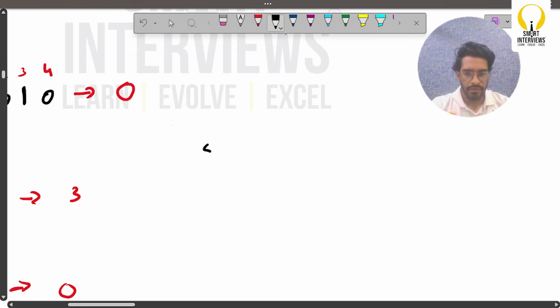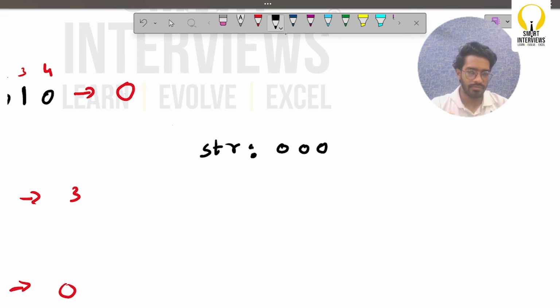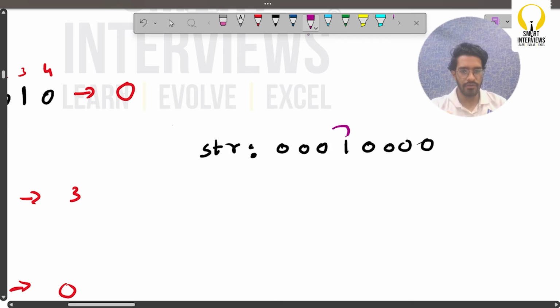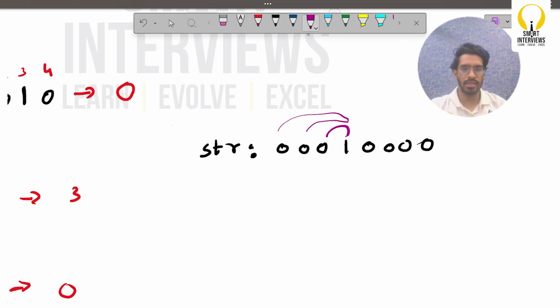Now, if you have a string like this, we know that this is the only wolf present, and we also know that if a wolf at the xth index eats a bird, it will only move to the x plus 1th position. So that means this wolf will never worry about all the birds that are present before its index.